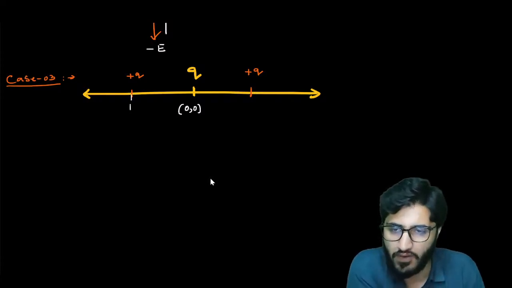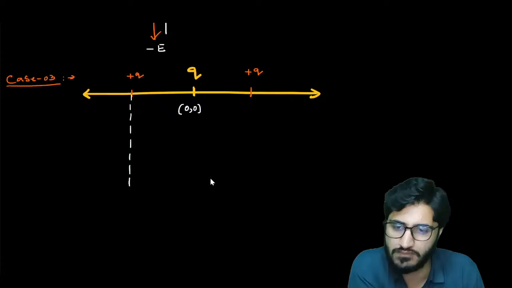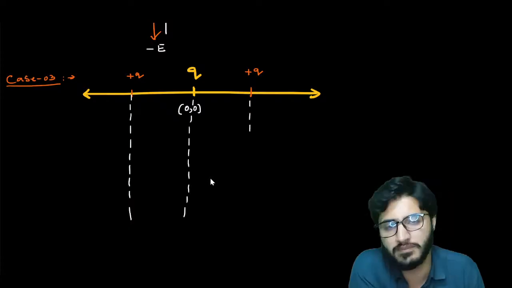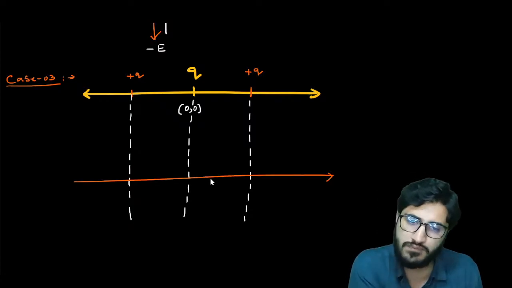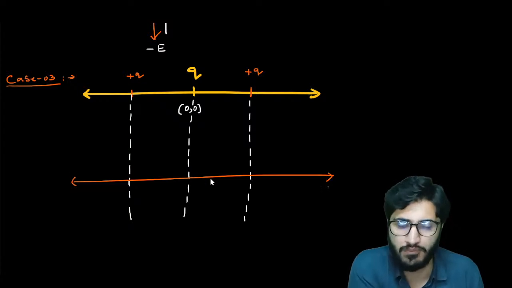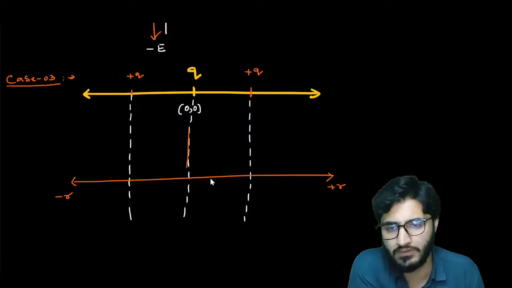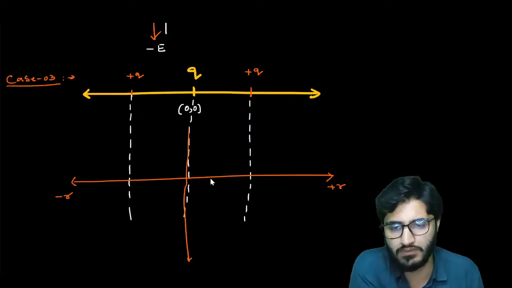How to make a graph of it? Look. Positive R, negative R, negative E, positive E.